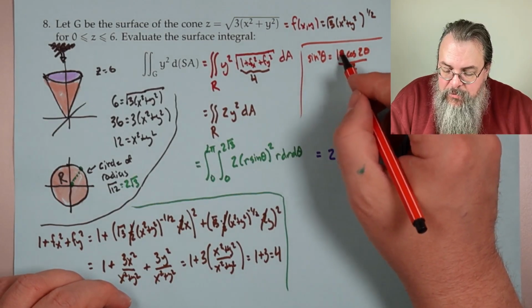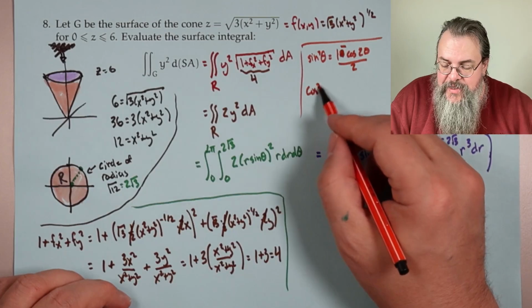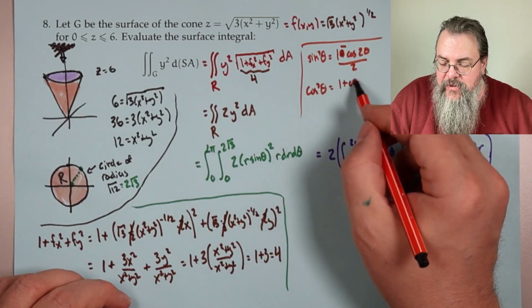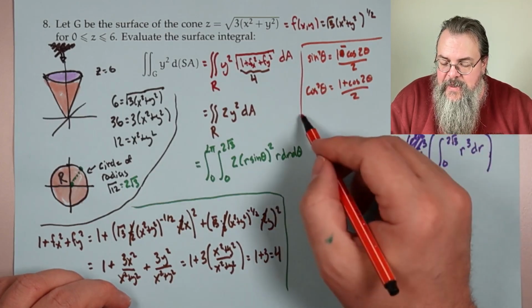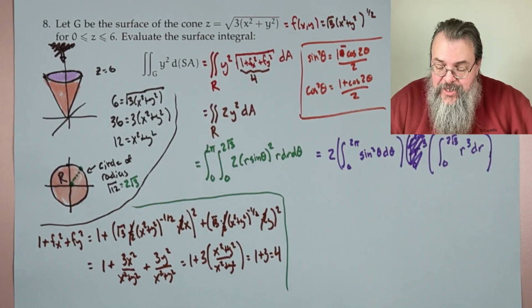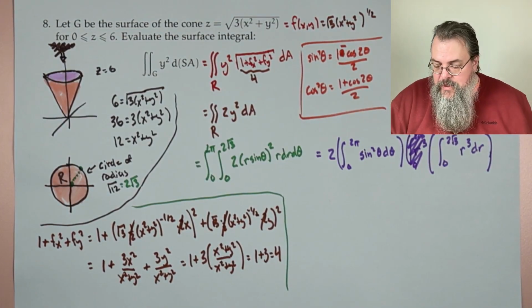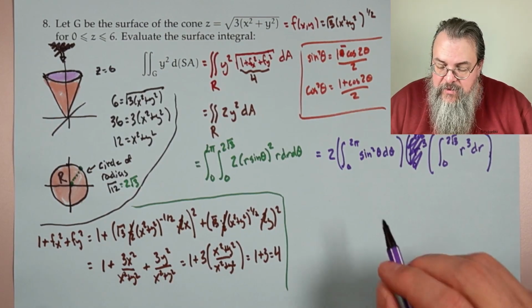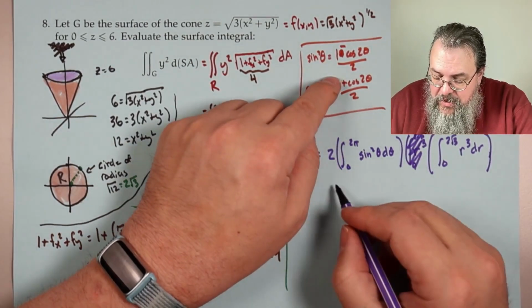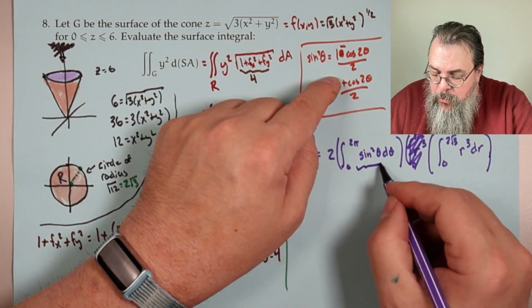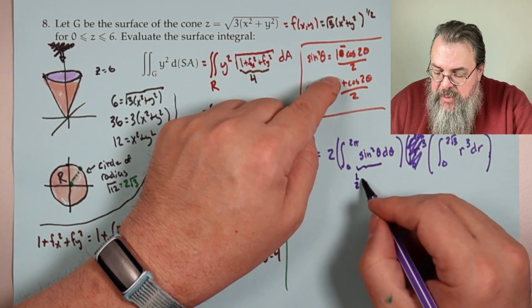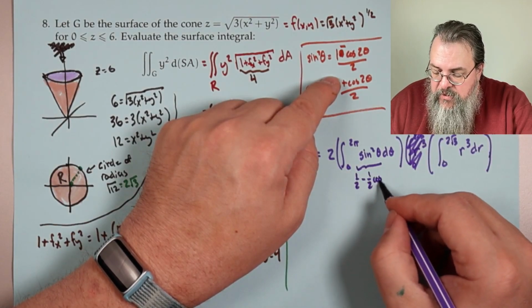Those are our power reduction identities. Good ones to know. Okay, so we have ways to handle this. So sine squared really becomes 1/2 minus 1/2 cosine 2 theta.